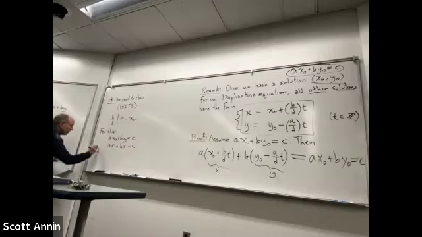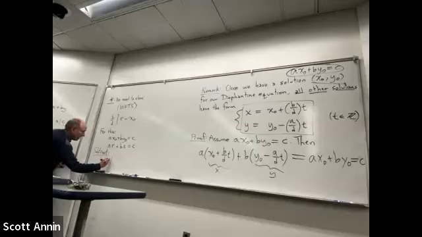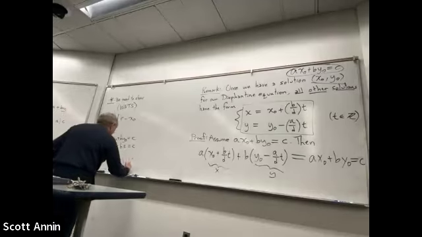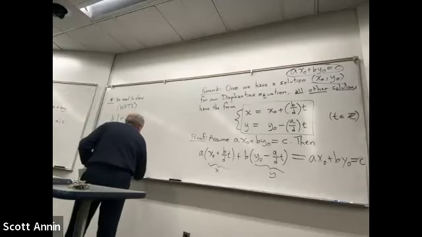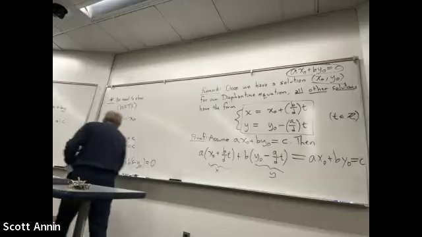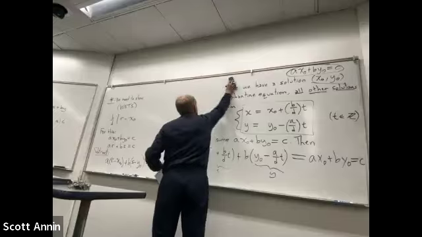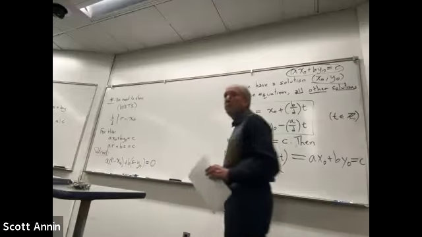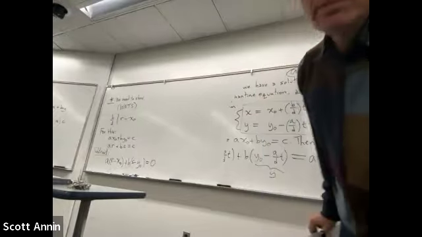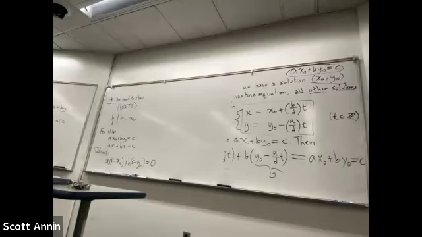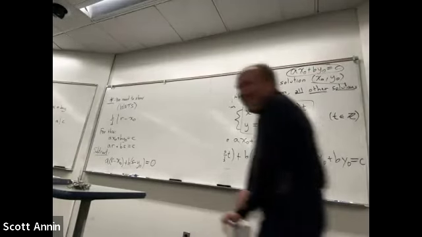So subtract, and we get A times R minus X naught plus B times S minus Y naught is equal to 0. Okay. By the way, guys, let me know if I'm going too fast. I get really excited.